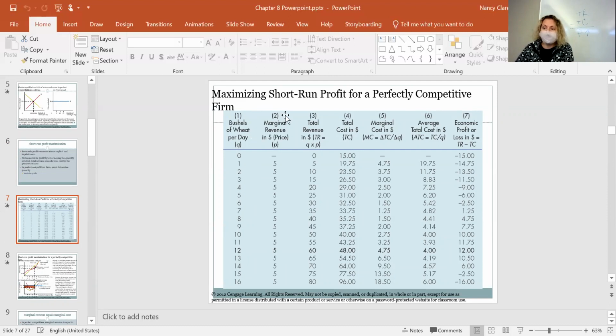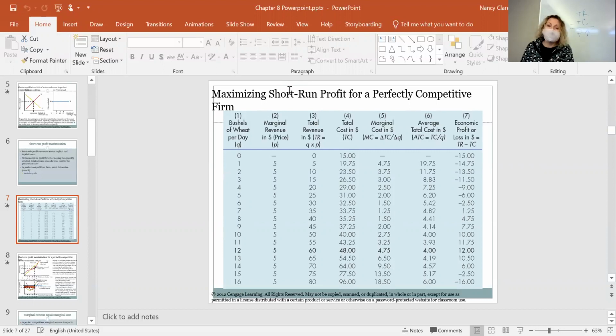The second column here is marginal revenue. You haven't seen marginal revenue before, but what you are going to learn is it's the other piece that you need to determine profit maximization, besides marginal cost. Marginal revenue is the change in revenue. What is the additional revenue when we sell each subsequent additional unit of our good?